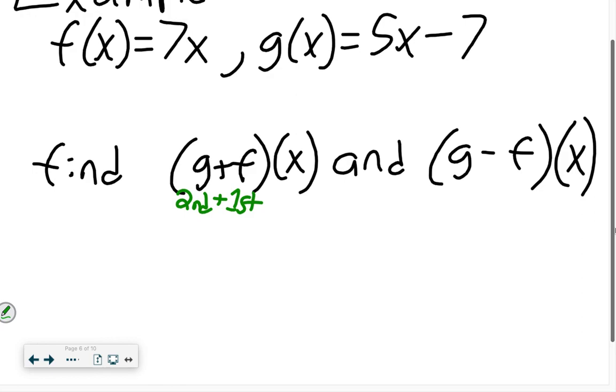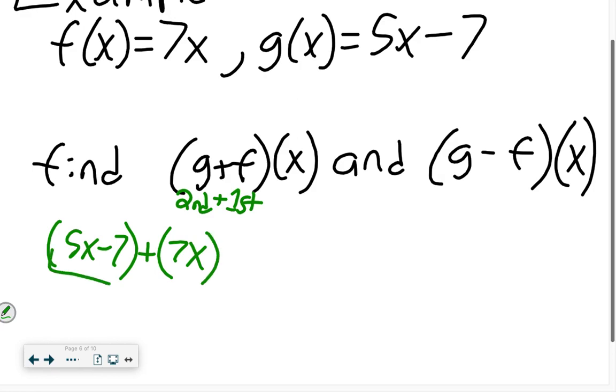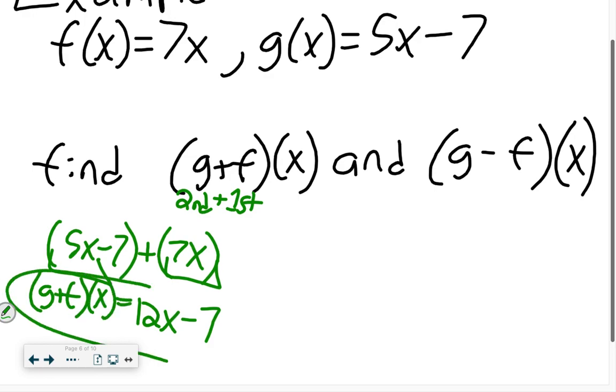But g of x is the second equation, which is 5x minus 7, plus the first equation, which is just 7x. Well, that's easy. The only like term is the x. 5x plus 7x is 12x minus 7. So that's g plus f of x. Okay? So that's easy enough.